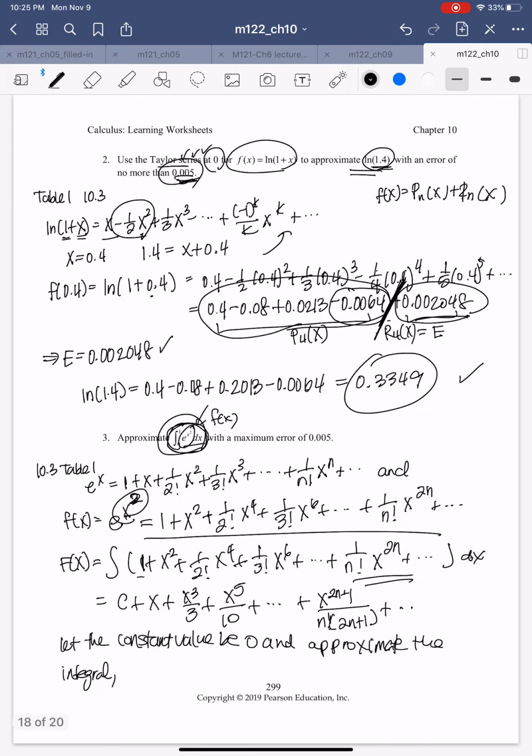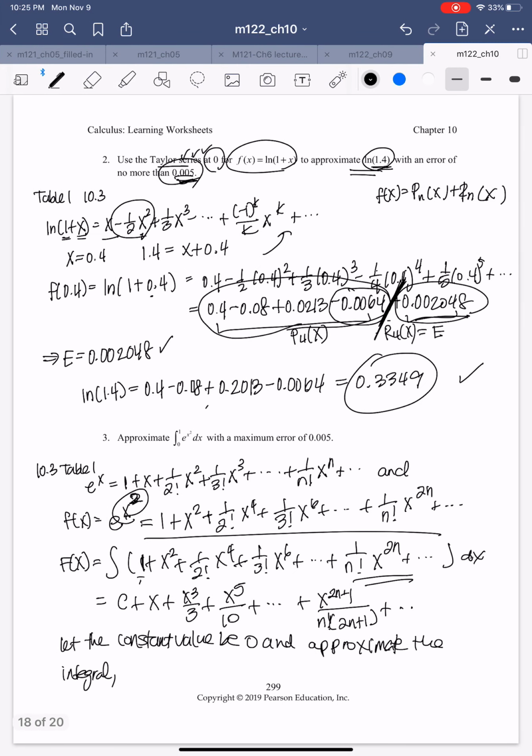So you have 0 to 1 right over here. I erased it, but we are considering the integral from 0 to 1 of e to the x squared dx. We already took the antiderivative right over here.